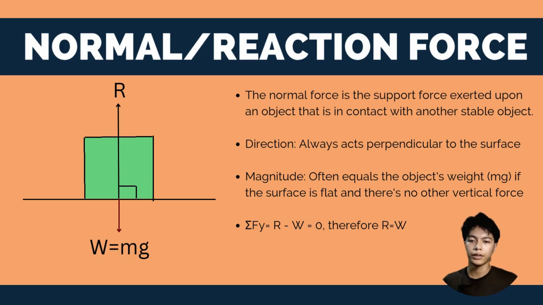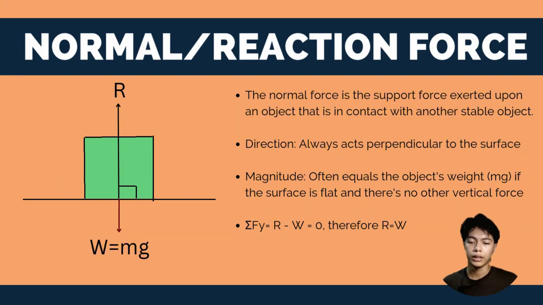The direction of this force is always perpendicular to the surface, so if the surface is horizontal, the normal force points straight up. The magnitude of the normal force usually equals the object's weight, mg, but only if the surface is flat and there are no other vertical forces, such as a push or pull from above or below.